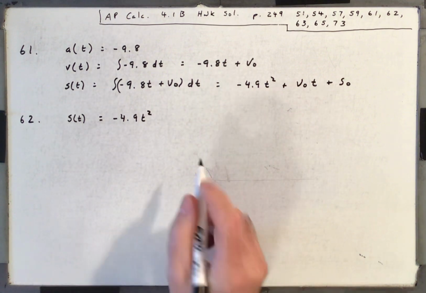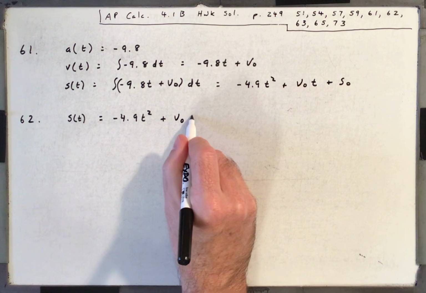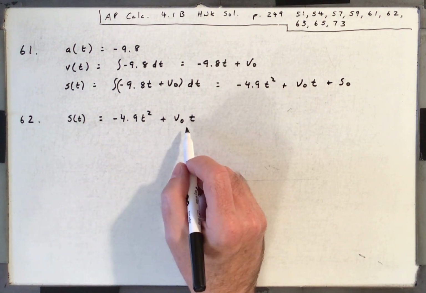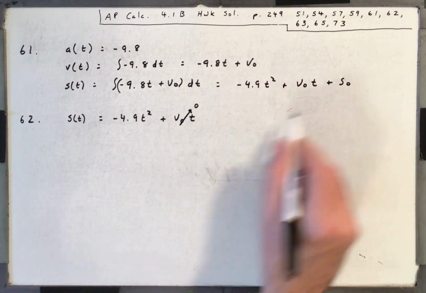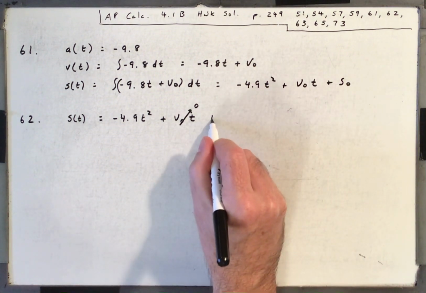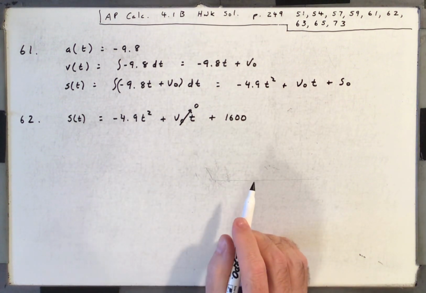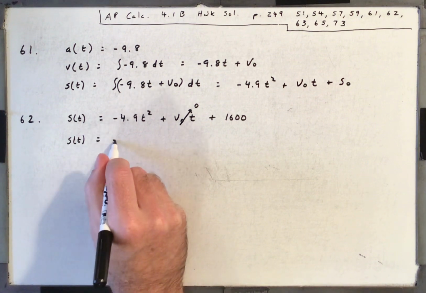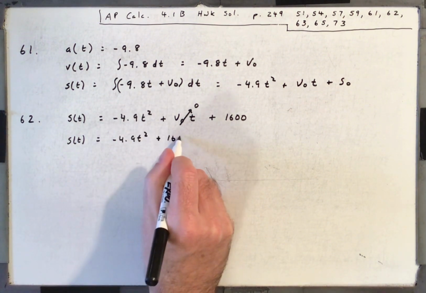We could do it the way I just said it, but it'd be easier to visualize it this way I'm about to do. So v naught t. Now our initial velocity, we're not throwing the rock down, we're just dropping it. Okay, so initial velocity is 0. And then our initial position, S naught, is 1,600. It'll be easier to think of it this way. So we have S of t is equal to minus 4.9 t squared plus 1,600.